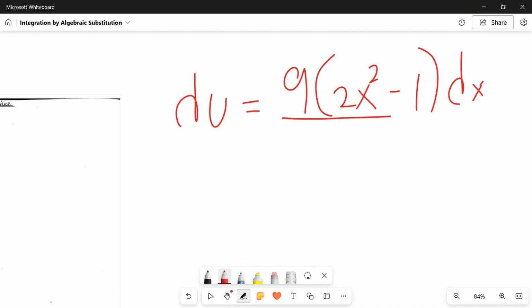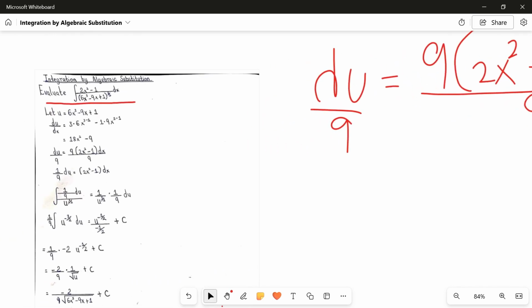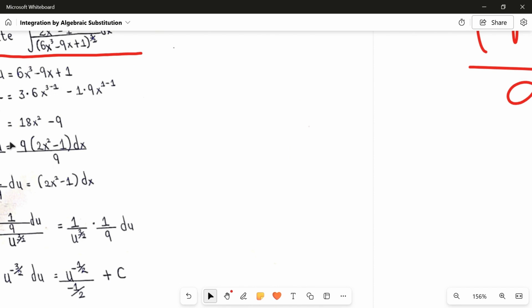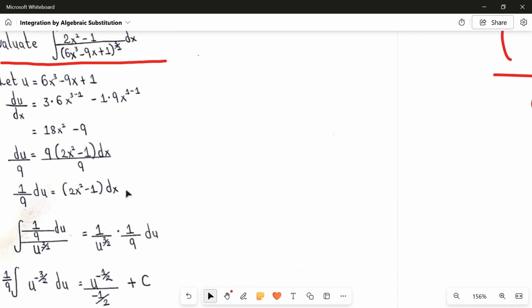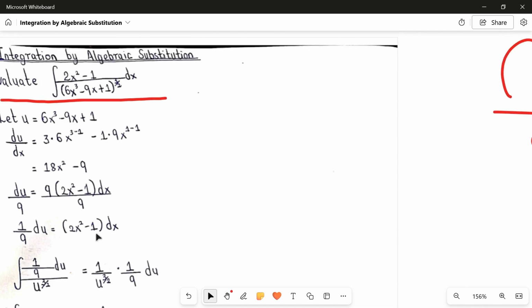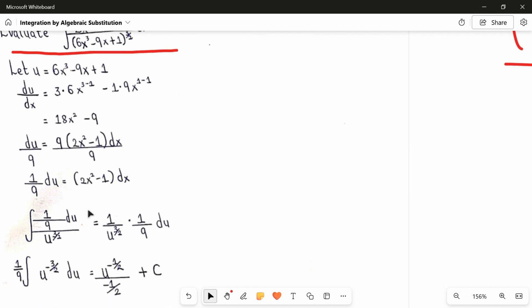So divide both sides by 9 and you get, let's go back to the solution, a 9th du, which is equal to 2x squared minus 1 dx. And if you take a closer look at the numerator, 2x squared minus 1 is equivalent to what is in the numerator. So we're going to replace the numerator with a 9th du.